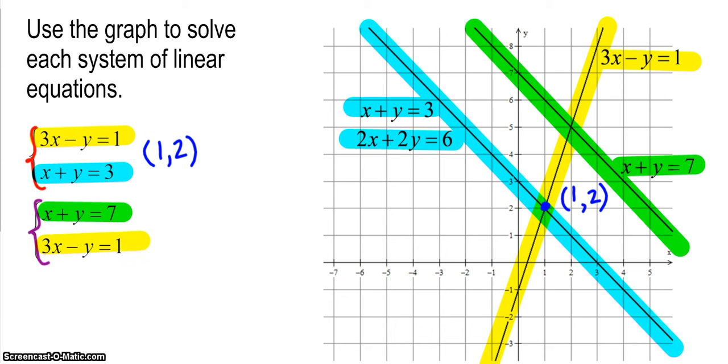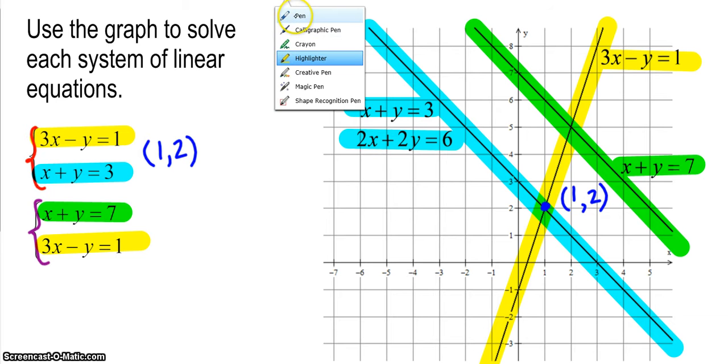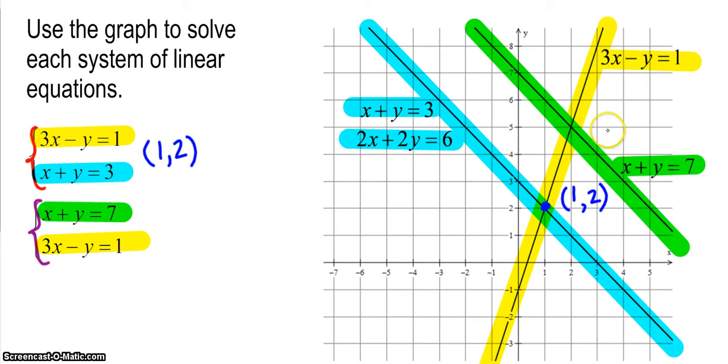So we look at the point that both of those equations share, and it's the intersection point, which is 2, 5. And 2, 5 would be the ordered pair that makes both equations true.